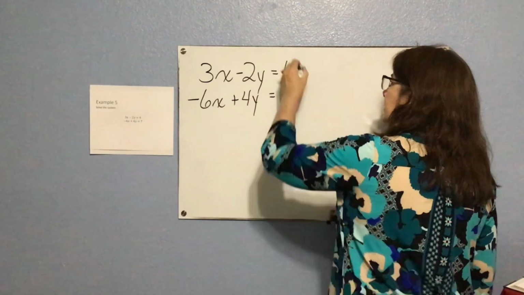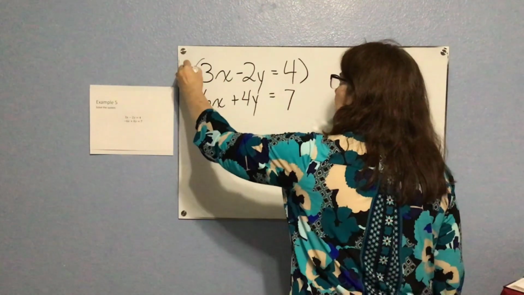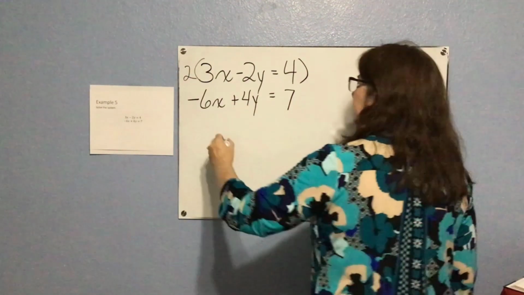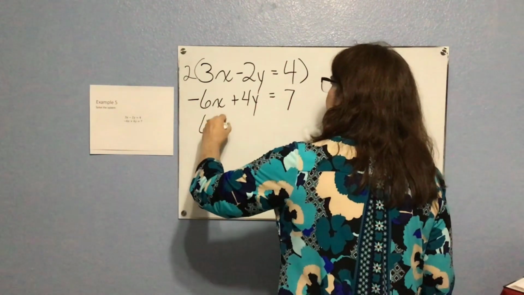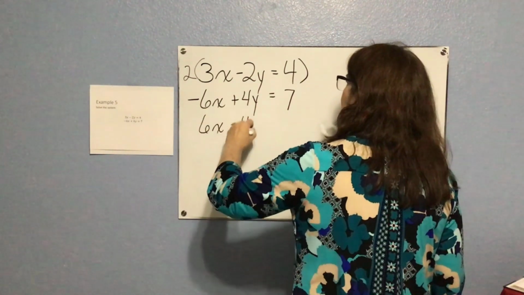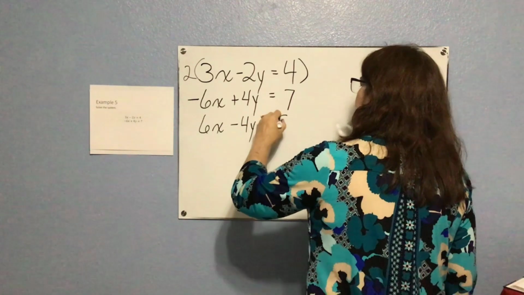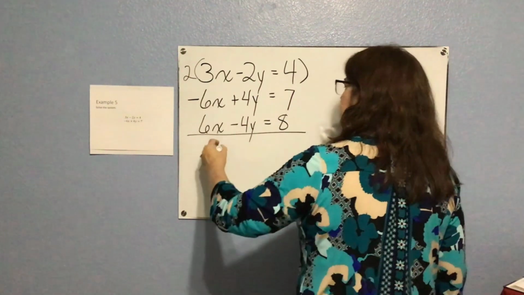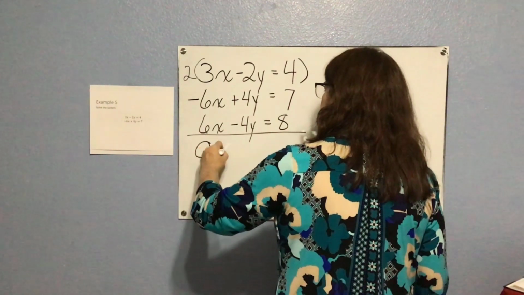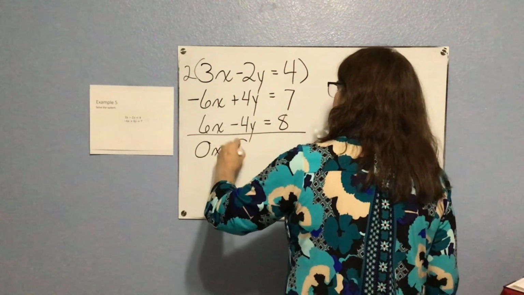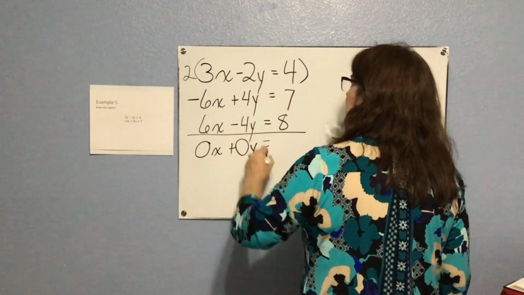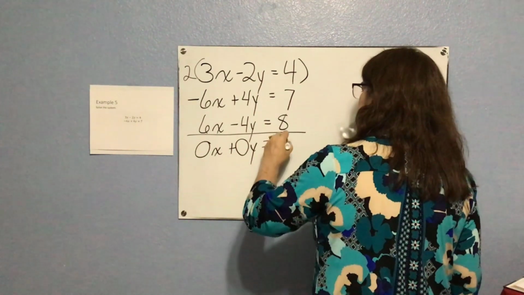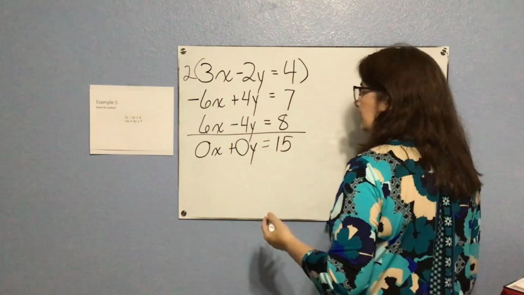So the easiest thing is to multiply this by 2, which gives us 6x minus 4y equals 8. And when I add these together, I have 0x plus 0y equals 15.